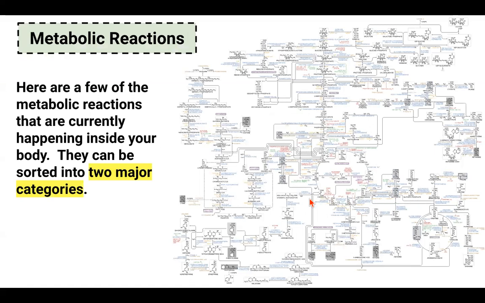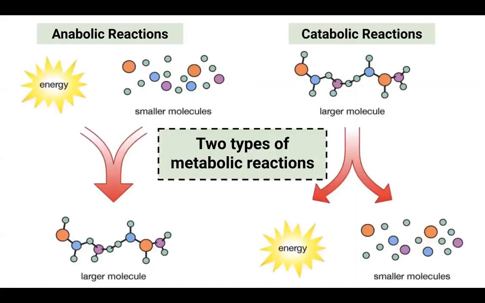Now, all of these chemical reactions can be sorted into two major categories. They're called anabolic reactions and catabolic reactions. What I want you to do is, I don't want to spoon feed you the definitions. So you're going to pause the video and write down the definitions based on what you see in the diagram.